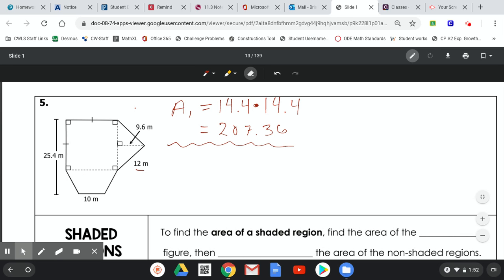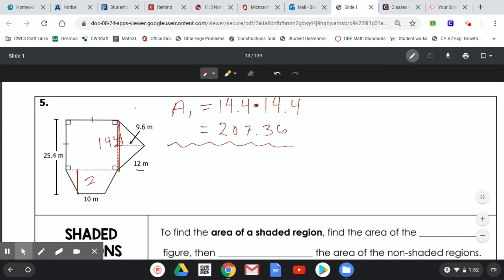So the second shape down there, number 2, is our trapezoid. We know that this length right here is 14.4, and the whole thing is 25.4. What we have to do is find the height of this trapezoid, because the area formula for a trapezoid is 1/2 times height times base 1 plus base 2.